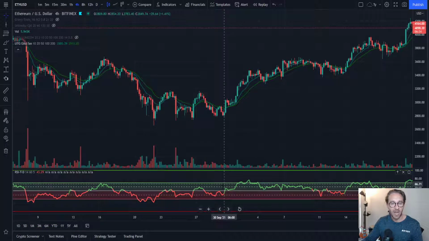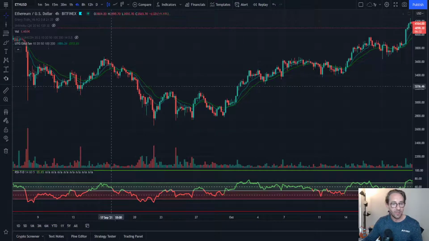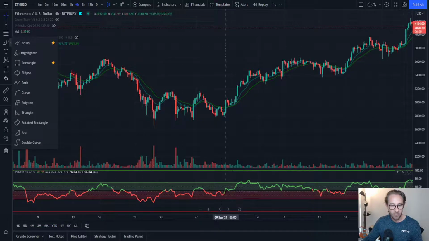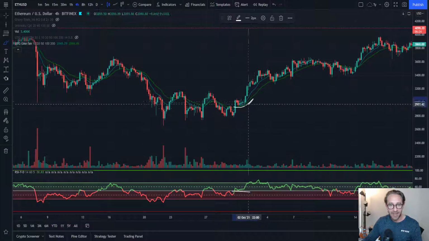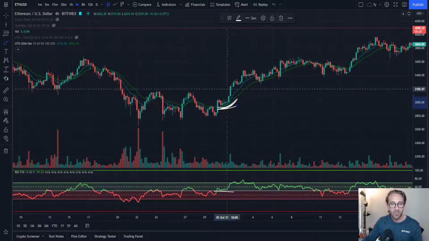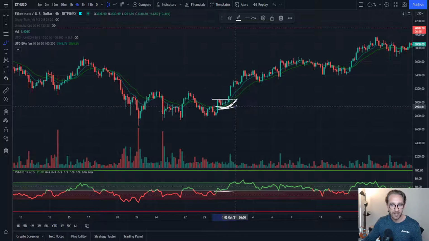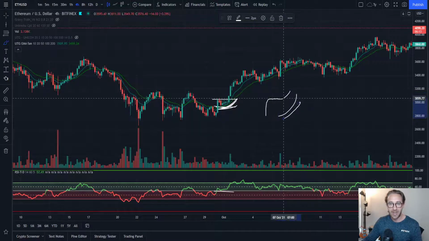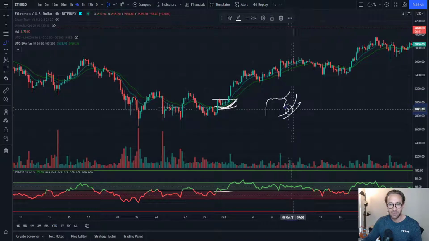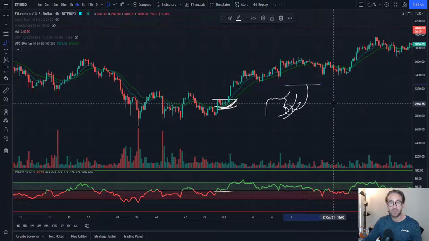So what happens? RSI starts pulling back. We look for this to act as a level of support, and a secondary confirmation of this would be our price action pulling back into our 10 and 20 EMA cluster. This is called a cradle trade. So what happens is that you've got price action and you've got your 10 and 20 EMA, and price action pulls back to this level, it consolidates, and then it moves back to the upside.